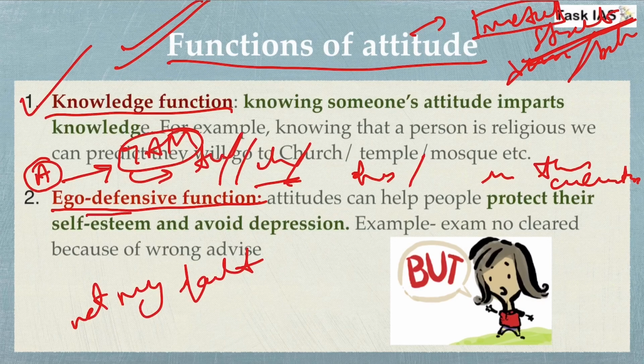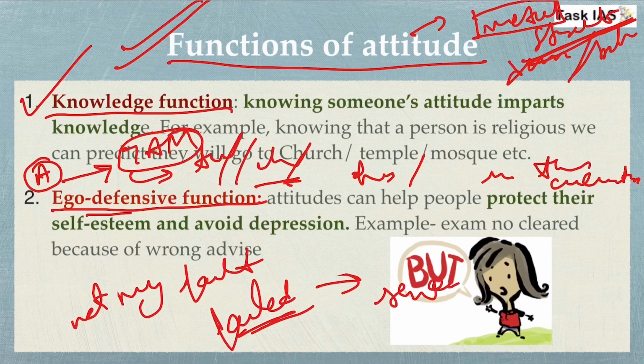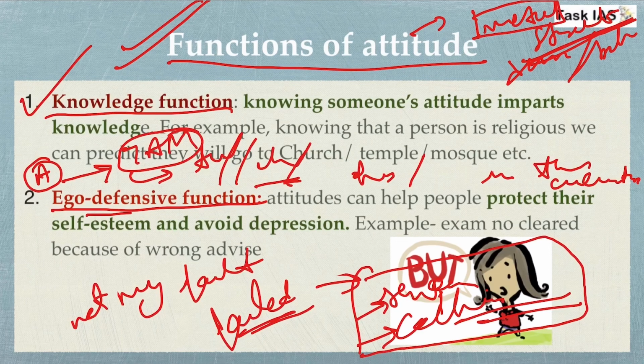For example, if I say that I have failed in the exam not because of my mistake but because of the mistake of others who guided me, because of my seniors' mistake, because coaching institutes misguided me. So here we have developed some negative attitude towards our seniors, towards coaching institutes. By developing negative attitudes, we are protecting our ego, we are protecting our self-confidence.